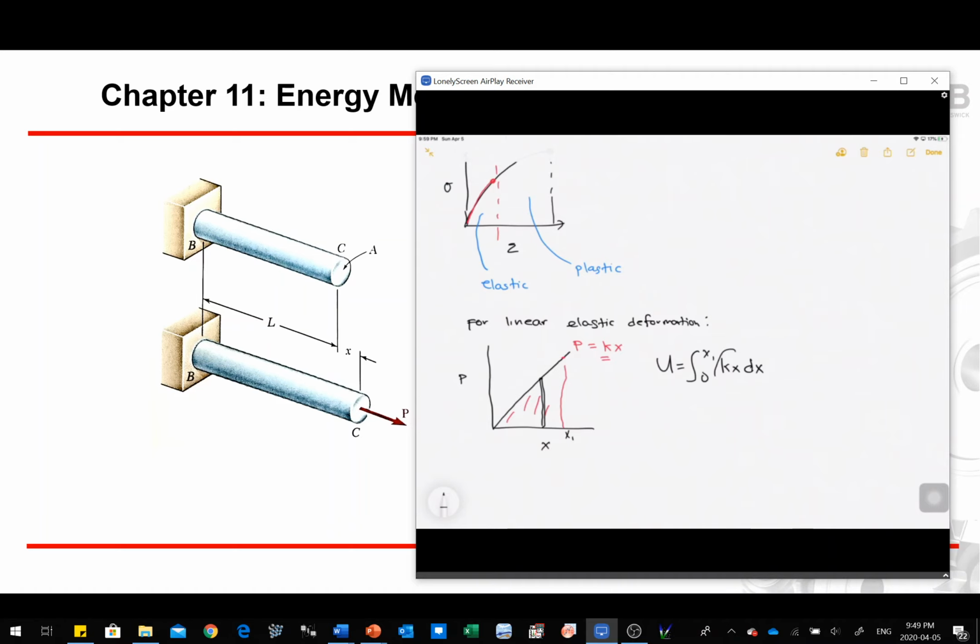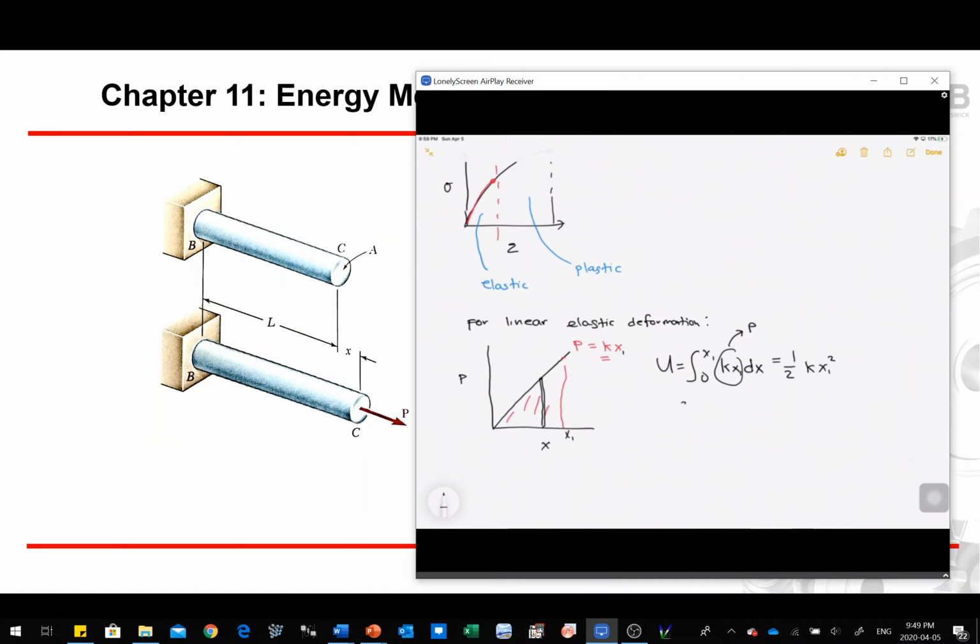And again, this part, that's actually your P, is equal to 1/2 K x1 squared.